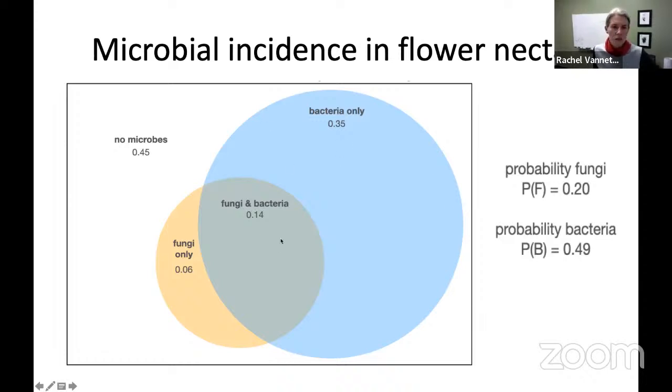And of those, most of those flowers will contain bacteria, and a relatively small proportion will contain only fungi. Some will contain fungi and bacteria. So you can see about 50% of the flowers contain bacteria, and about 20% contain fungi. So this is a bit lower than we were expecting for the fungi.